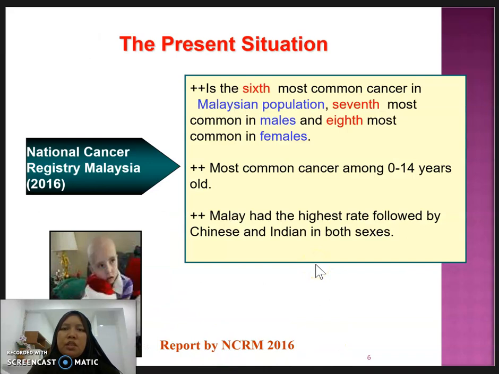For the present situation, leukemia is the 6th most common cancer in the Malaysian population, 7th most common in males and 8th most common in females. This is cited by the National Cancer Registry Malaysia 2016.